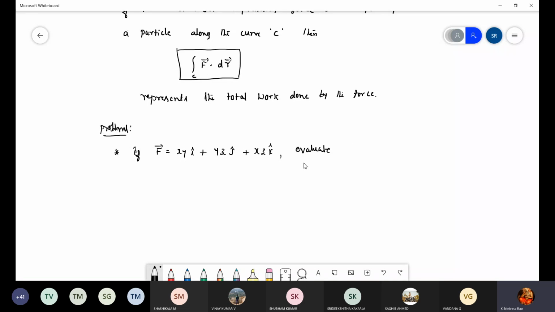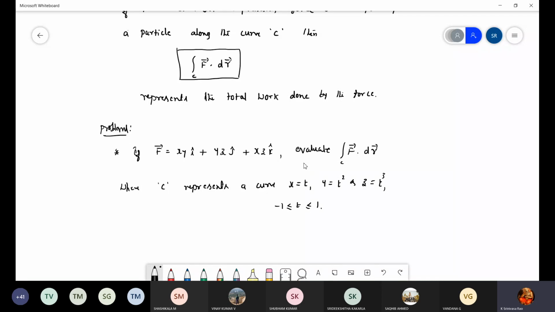evaluate the line integral F dot dr along C, where C represents a curve x equals t, y equals t square, and z equals t cube, with minus 1 less than or equal to t less than or equal to plus 1.